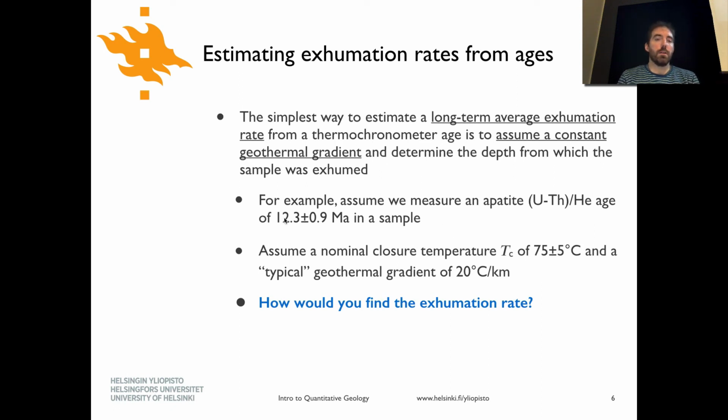For instance here, if we had an apatite crystal with a helium age of 12.3 million years, and we assume that the closure temperature is 75 degrees and that the geothermal gradient is 20 degrees C, how would you calculate the rate of exhumation?